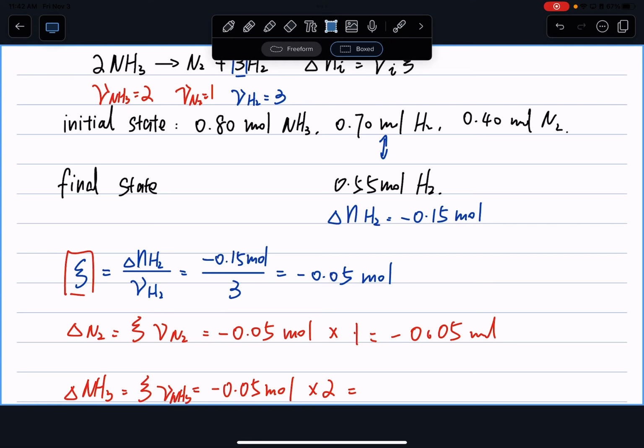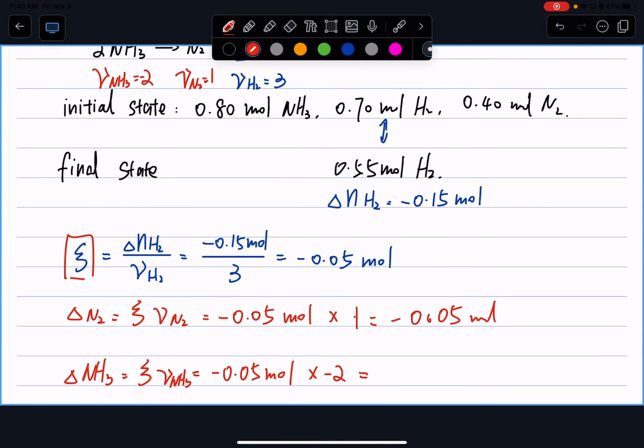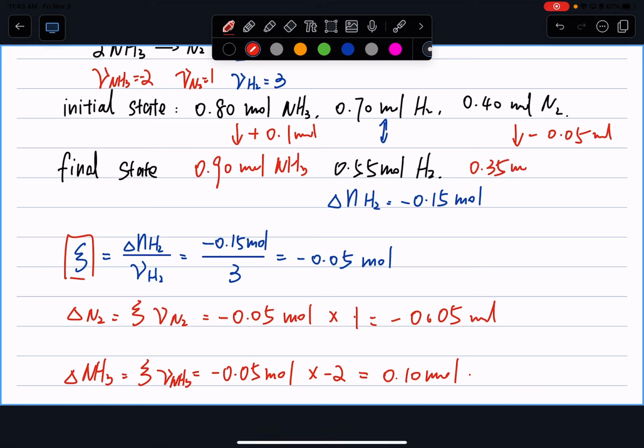And in this case, this 2 here should be negative 2 because that's our reactant. And that gives us 0.10 mole. And then you can put in this information here, right? So for NH3, the change of mole is plus 0.1. So we have 0.90 mole of NH3. For N2, the change in this process is negative 0.05. So our final number of mole of N2 is 0.35.